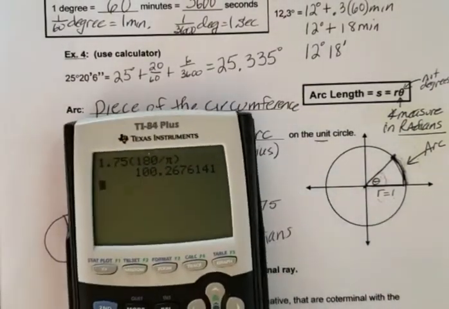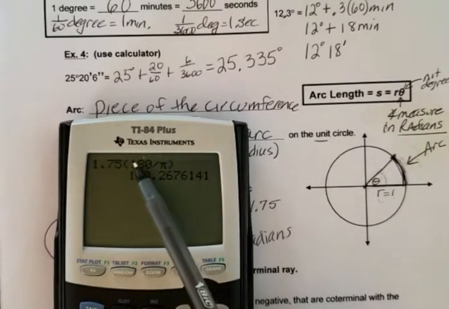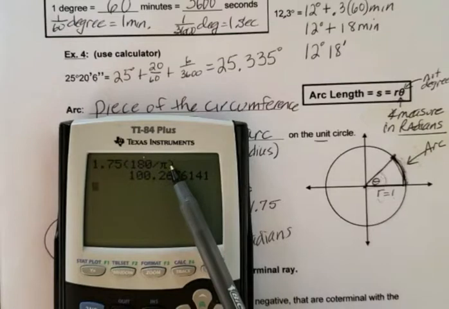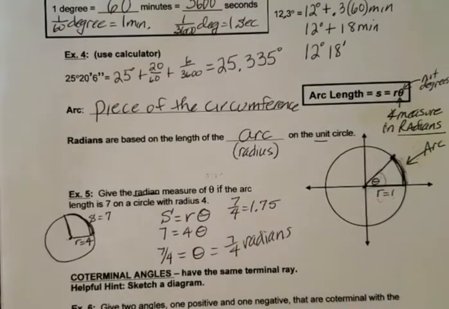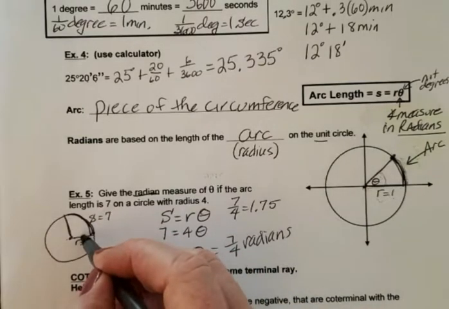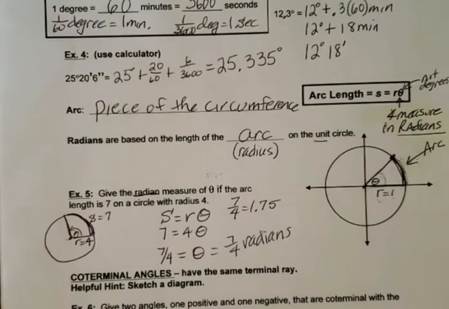They didn't ask us to, but just to get a visual of what it really means. 1.75 radians, multiply it by 180 over pi to convert that to degrees. That's about 100.3 degrees, so a little bit better than 90 degrees. So I made an angle measure that's 1.75 radians, or about 100.3 degrees. And you can get a visual of what that would look like.